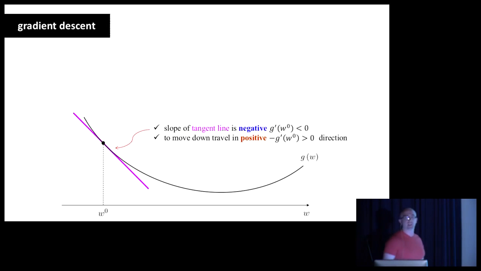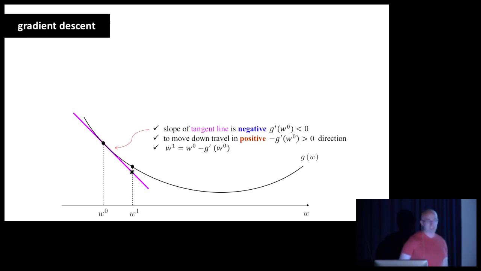If we travel just on the line to that point x, that's good enough, and we hop back onto the cost function g. So we take a step like w0 minus the derivative at w0, we travel downward on that line, and therefore travel downward on the cost function too.